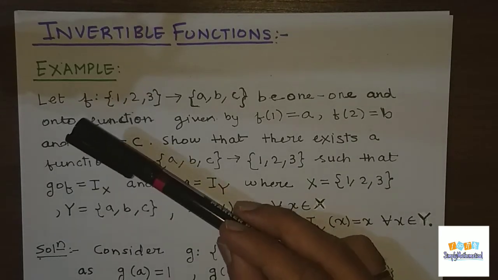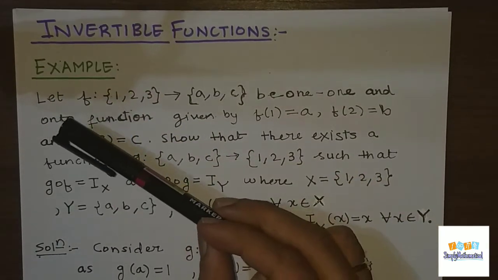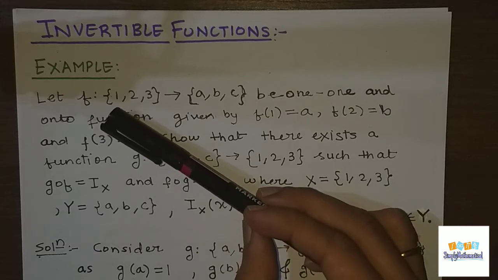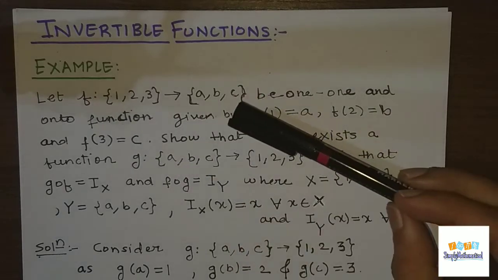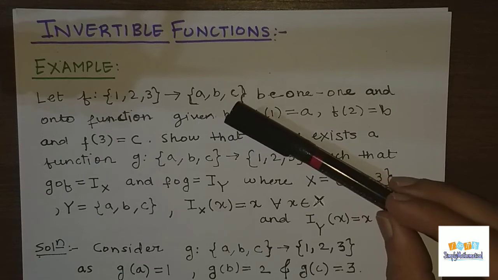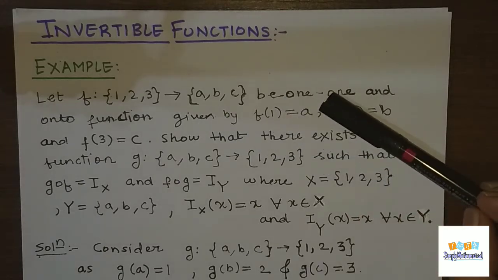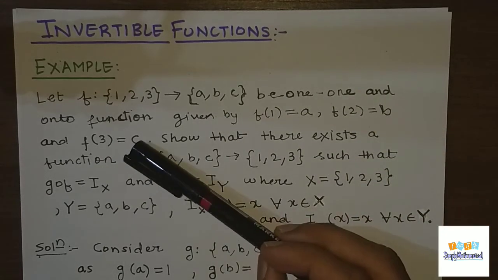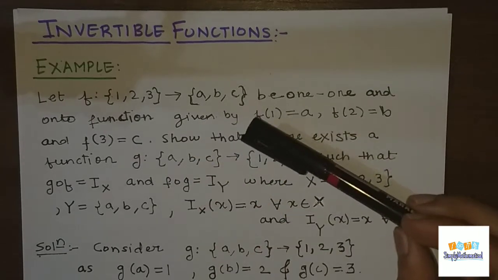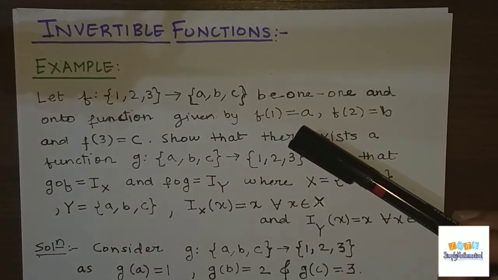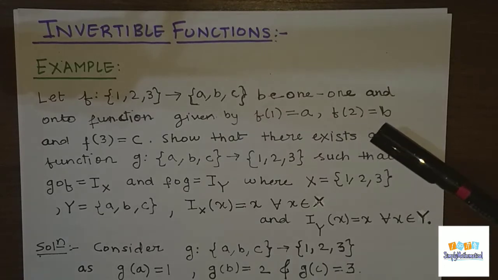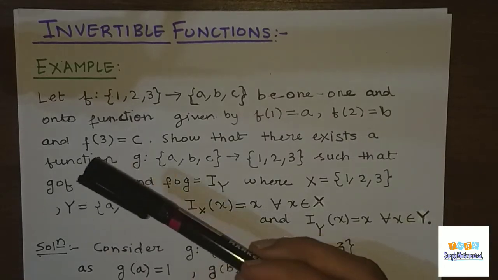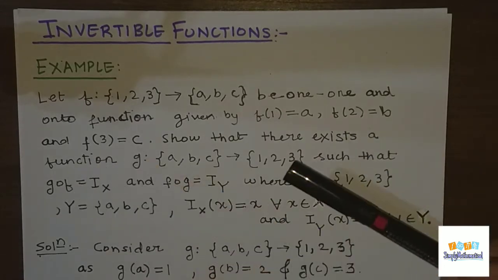So consider an example: let f from the set {1, 2, 3} to the set {a, b, c} be a one-one and onto function given by f of 1 is equal to a, f of 2 is equal to b and f of 3 is equal to c.